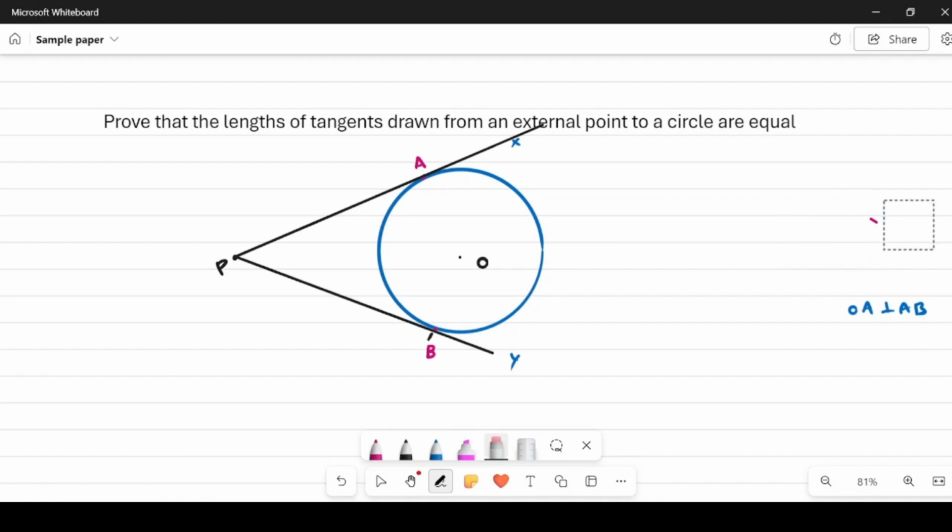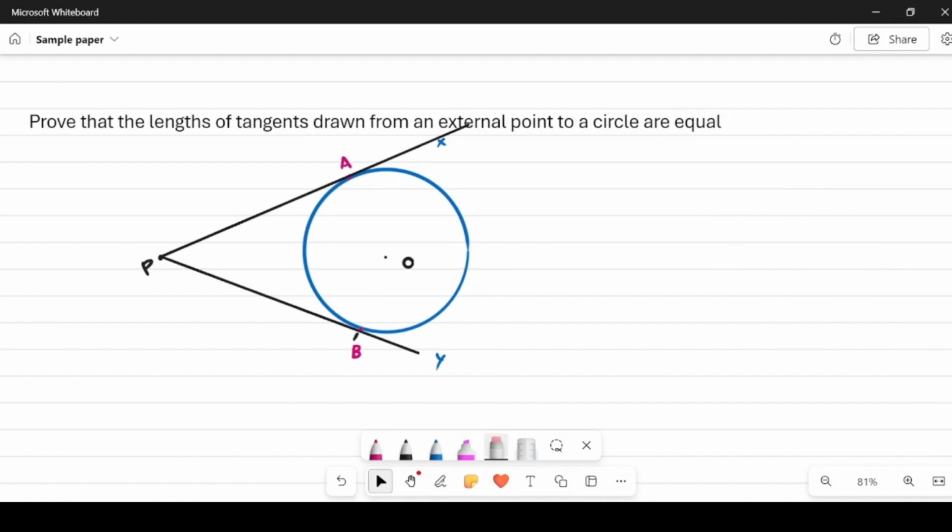Alright. Now let's see. We'll write what is given, what we need to prove, and whether any constructions are needed. What is given to us?